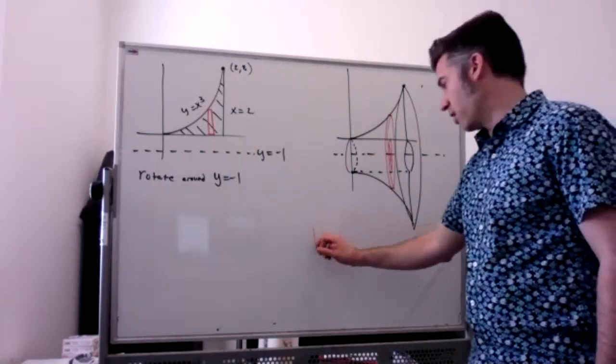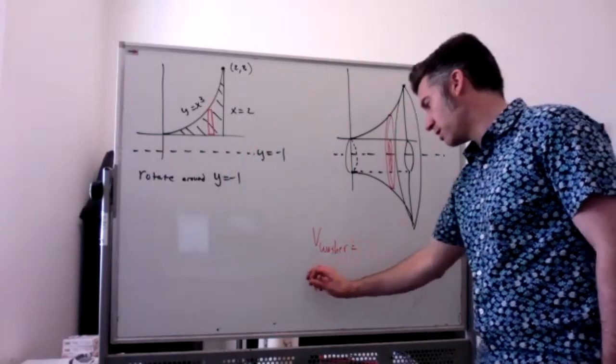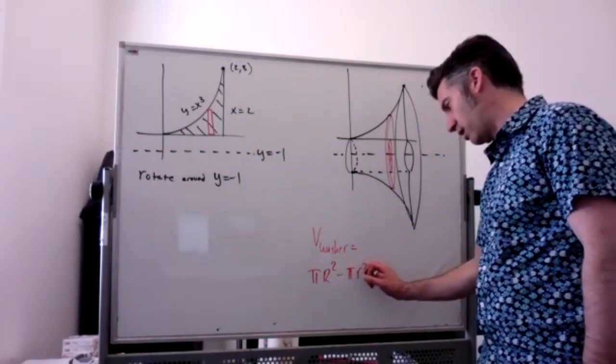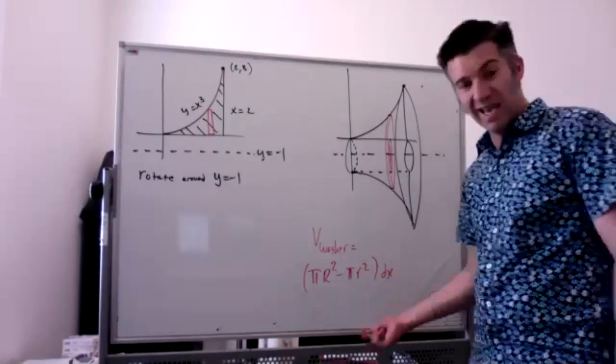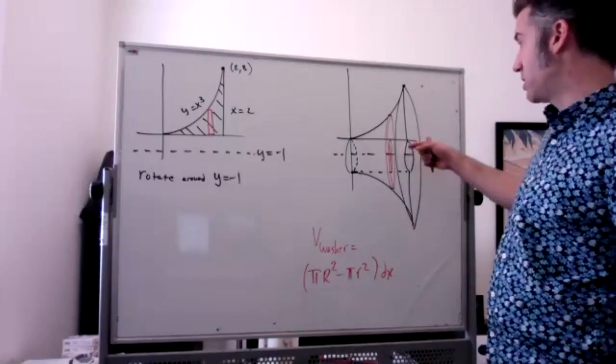So the volume of our washer, as usual, is pi times the big radius squared minus pi times the little radius squared, all times dx in this case. What's my large radius? My large radius is the function.